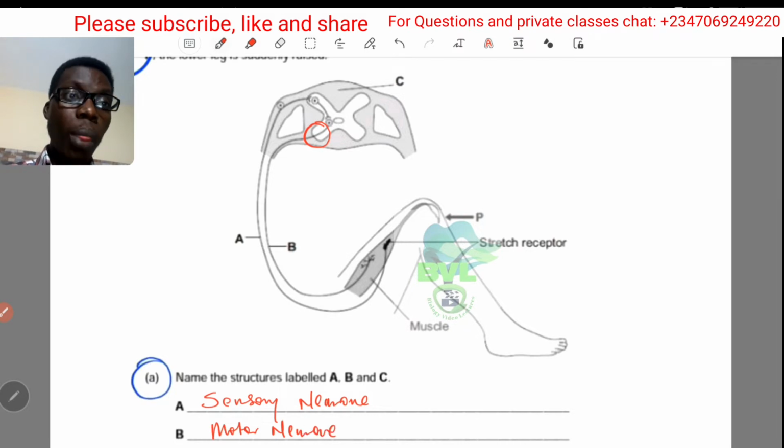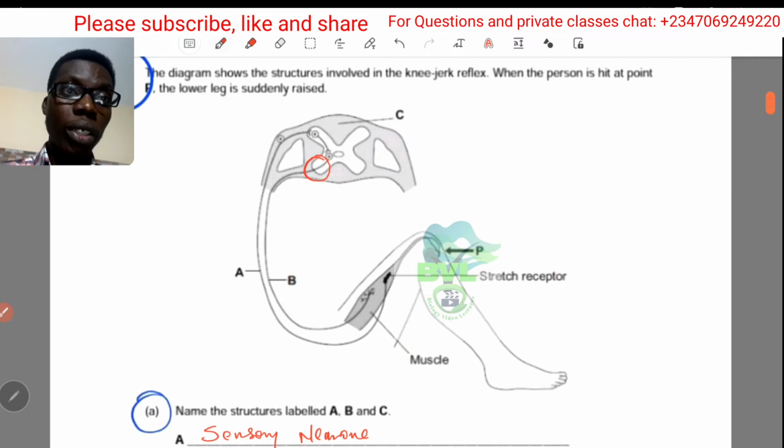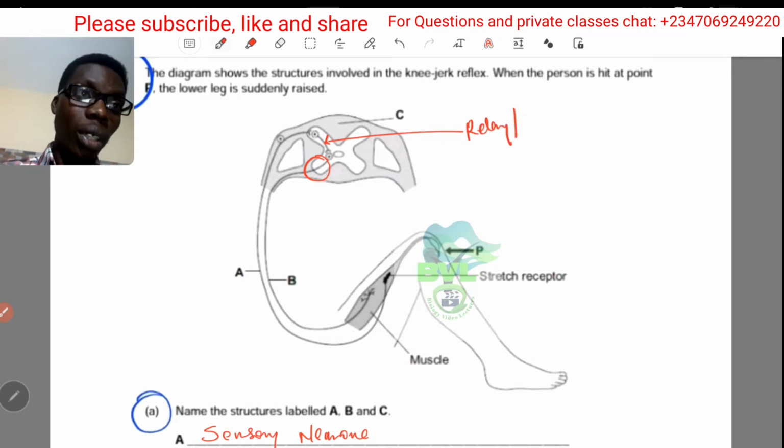All right. Now, this part was not labeled, but let me just mention it, which is the relay neuron. Some books will call it interneuron. It means the same thing. Interneuron or intermediate neuron.